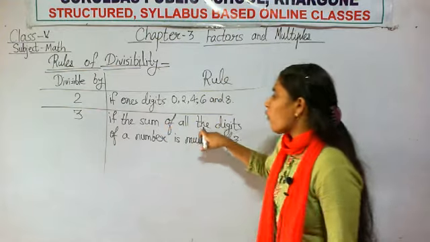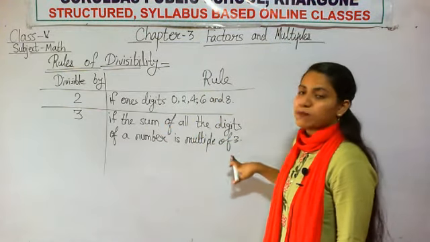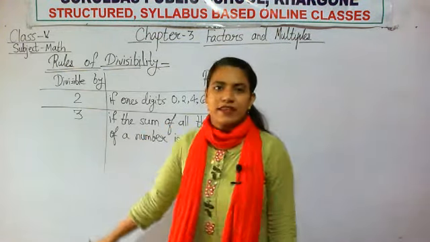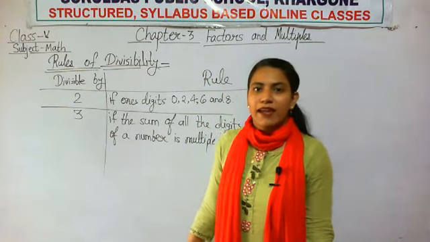If the sum of all the digits of a number is divisible by 3, or is a multiple of 3, then you can say that yes ma'am, it is divisible by 3.